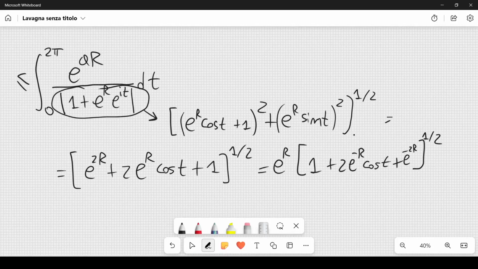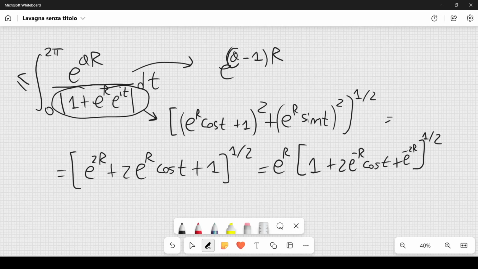When you let r go to infinity, you can see that what's inside the square root will go to 1, because e to the minus r will go to 0, as well as this one, so you will get something which will become closer and closer to 1. Then if you take this e to the r and you put it in the numerator here, you will have e to the a minus 1 r.